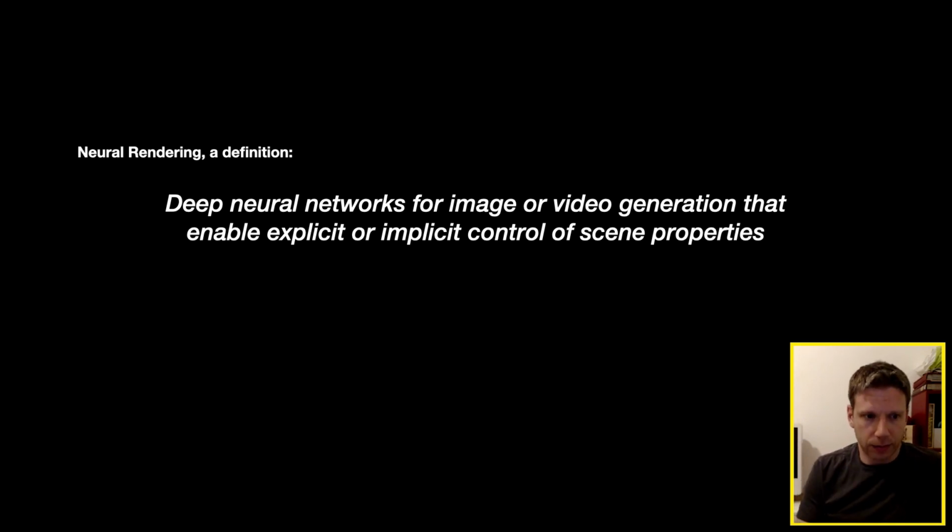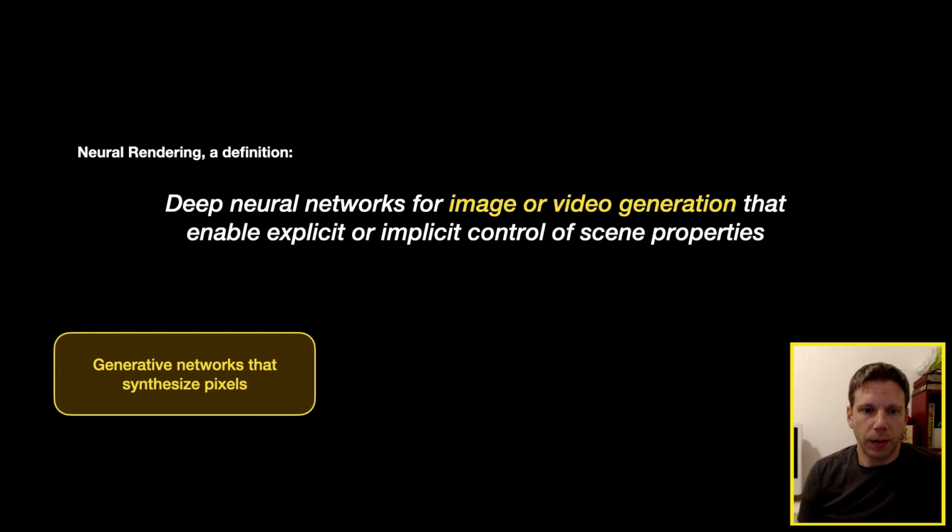Let's take this at face value for now, and let's break up the definition again. So we're talking about image or video generation, meaning that we synthesize pixels. Although, by the way, a really exciting direction for future research is multimodal rendering, meaning that together with pixels, we also synthesize, for example, audio.